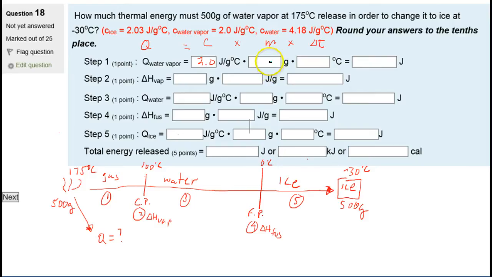The mass of this substance is 500 grams times the change in temperature as it goes from 175 to 100. Because it's cooling, that will be a -75 degrees Celsius. Get our calculator out. We take 2 times 500 times -75, and we'll get -75,000 joules.